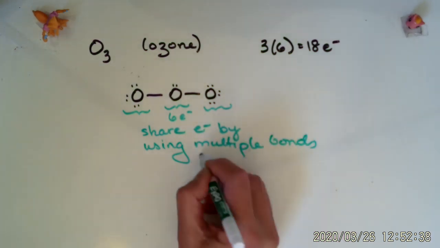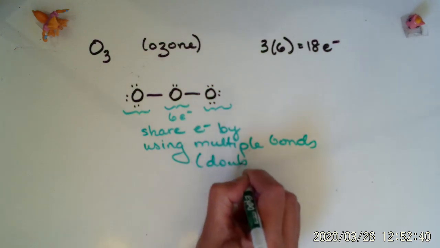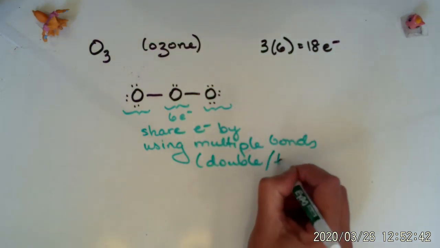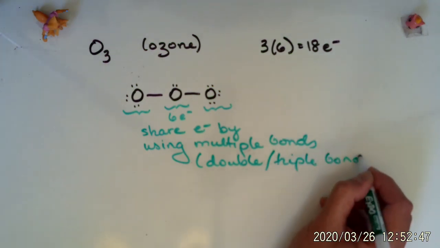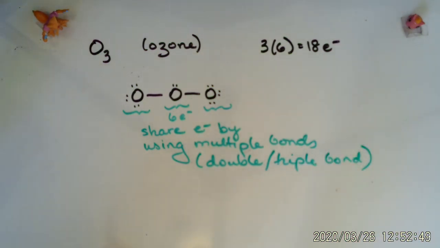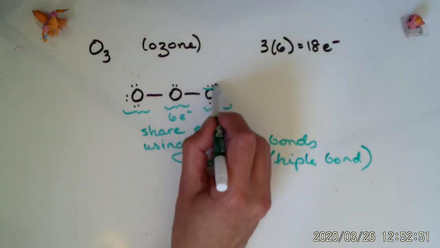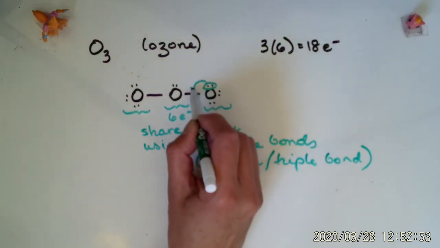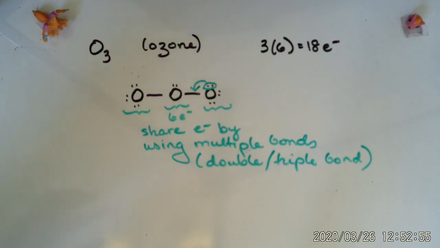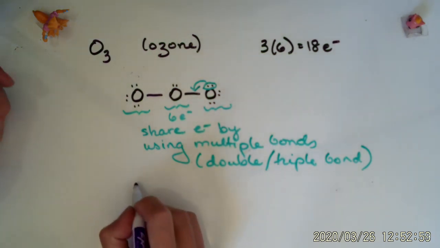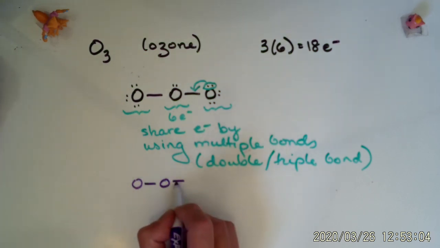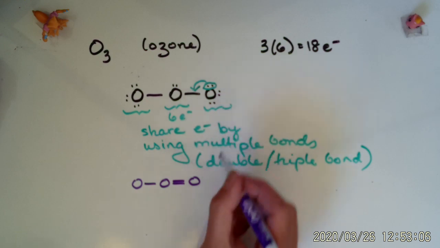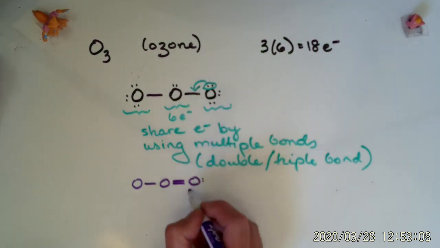So now we're going to have to look at a double bond or triple bond. Okay, so what we'll do is let's take these 2 electrons and share them between the 2 oxygens. If I do that, this is what my structure now looks like. I'm not going to touch this one because I didn't do anything with it. Add lone pair here, lone pair here.